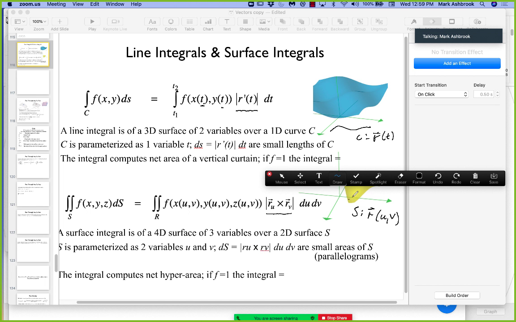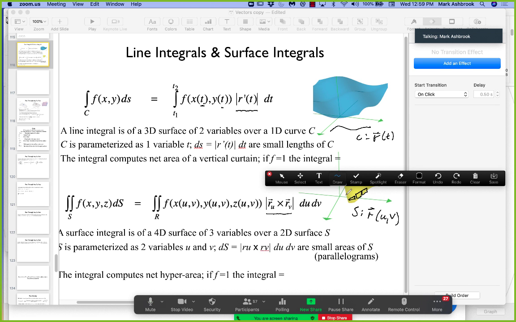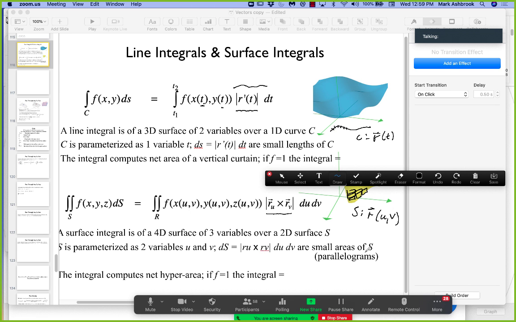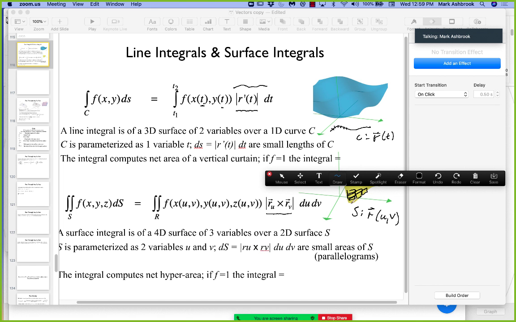And remember, those were the areas of these parallelograms, flat elements that reproduce the surface, just like ds. Those were little segments that reproduce the curve. So we have this very strong parallelism.